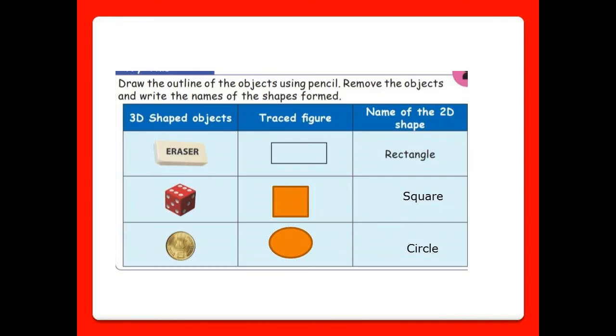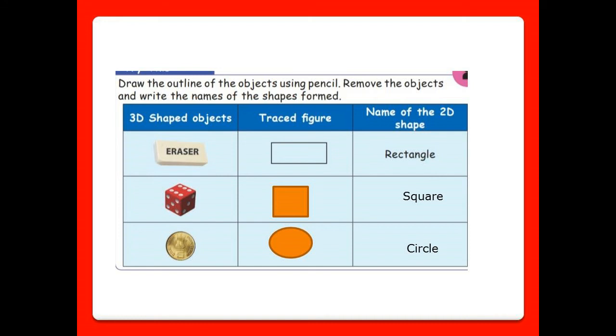Draw the outline of the objects. Using pencil, remove the objects and write the names of the shape formed. Here they have given 3 columns: 3D shaped objects, traced figure, name of the 2D shape. 3D shaped objects. First one, eraser, traced figure.